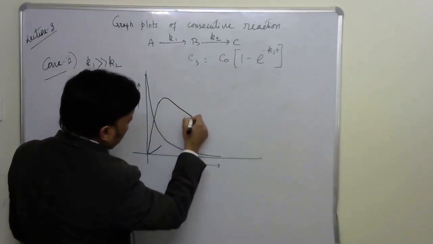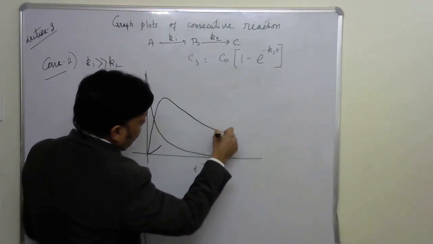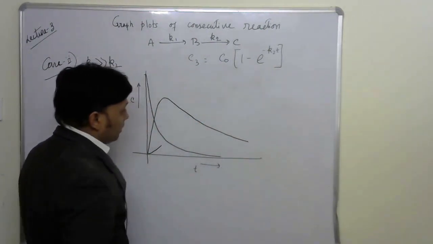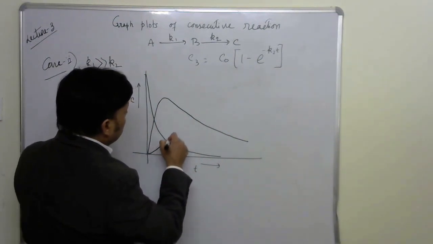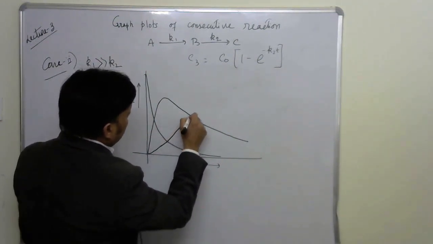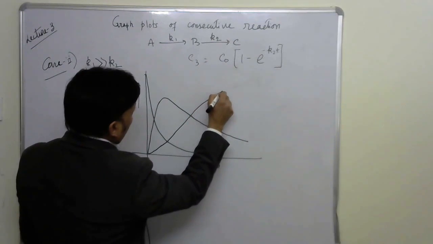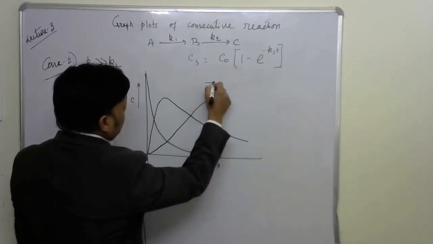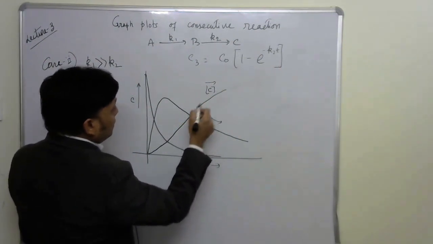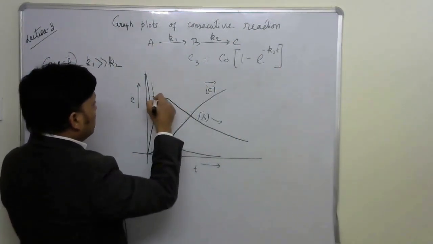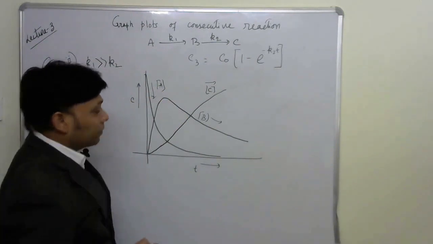It would take a long time to decay, and therefore slowly the product C would start to develop, and it would follow its usual formation pathway. So this is the decay curve of B, this is the growth curve of C, and this is the decay curve of A.